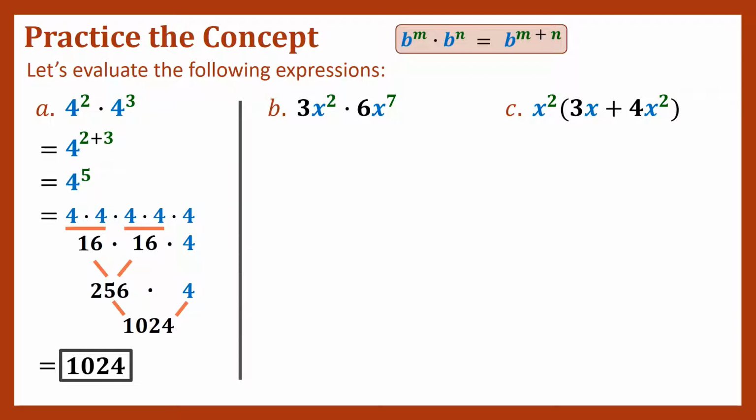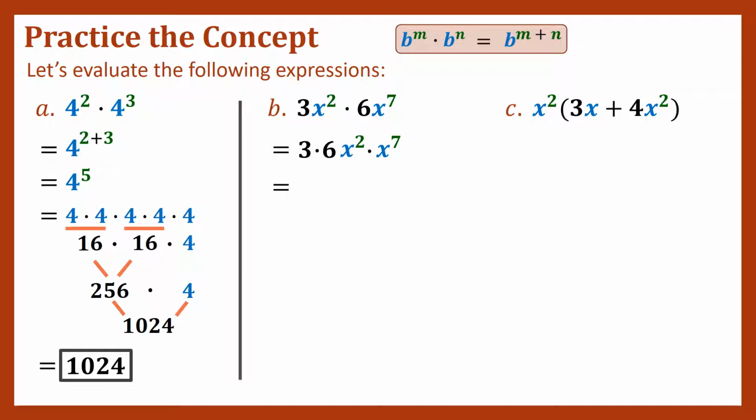So now let's evaluate the second expression. The second expression reads 3 multiplied by x raised to the power of 2 multiplied by 6 times x raised to the power of 7. We could first rewrite this expression by multiplying the coefficients together and then multiplying the variables together.